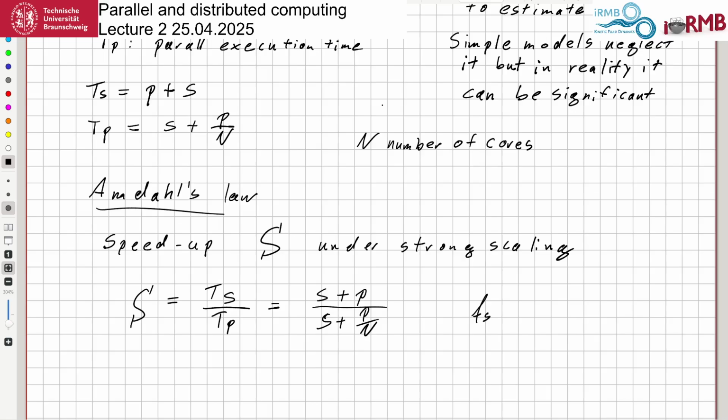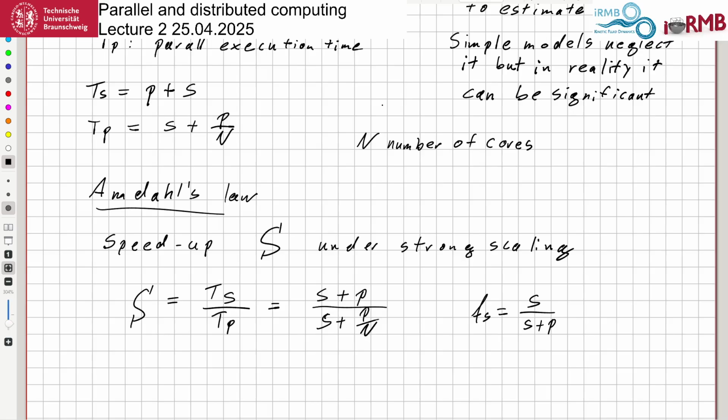So there is what we call a serial fraction, and the serial fraction is defined as the time that we need to solve the part of the problem that cannot be parallelized, so the serial part, divided by the entire problem, so s plus p.